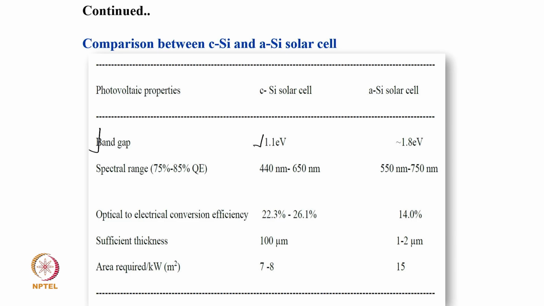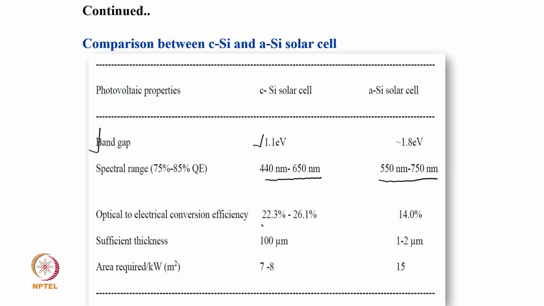It goes to a large wavelength region, whereas amorphous silicon has a larger band gap, so you can cover more light in the visible part and also going to the UV part of the spectrum. This is the typical spectral range which you can absorb in crystalline silicon, and this is the typical spectral range which can be absorbed in amorphous silicon.